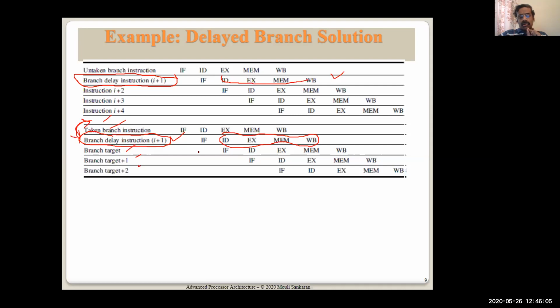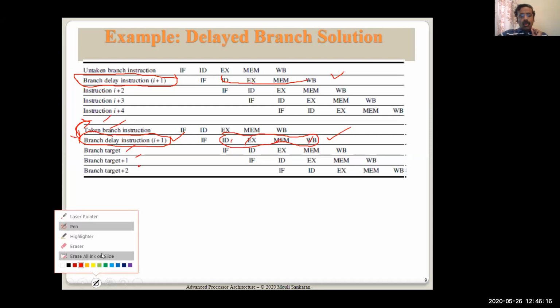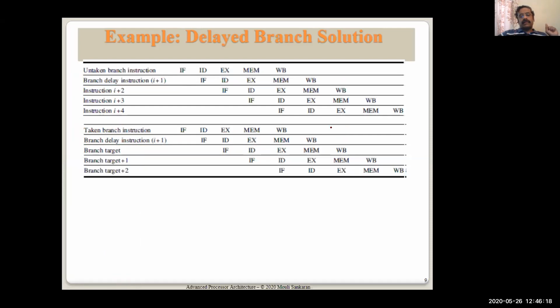We are using the delay slot. In that case, we are not going to make it idle. You should not do that, because this actual instruction should have been executed. We are doing it. And now if you see, nothing is wasted. Not even one cycle or one slot is wasted.